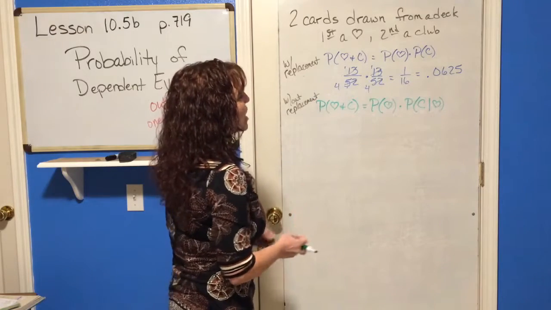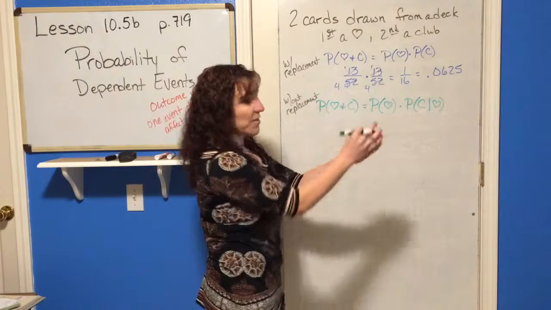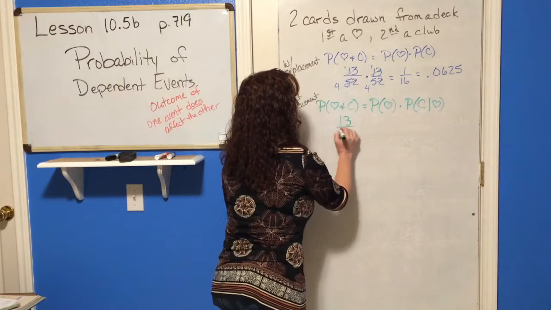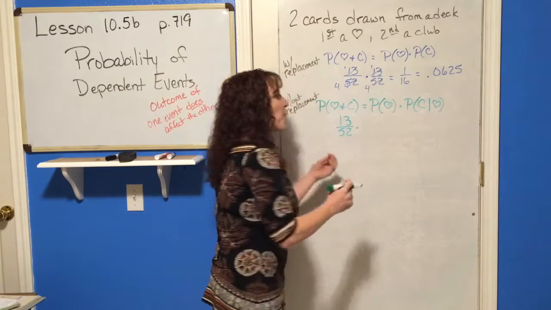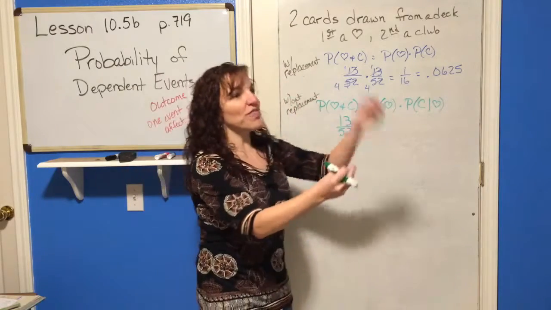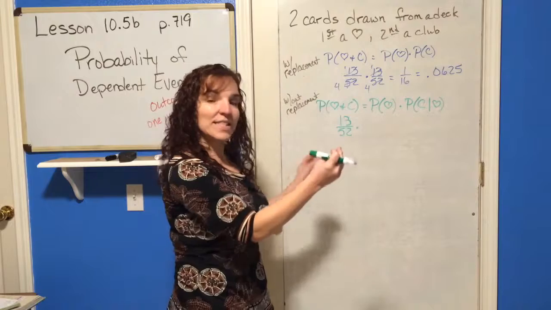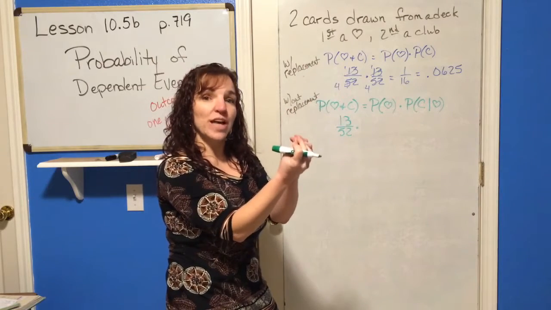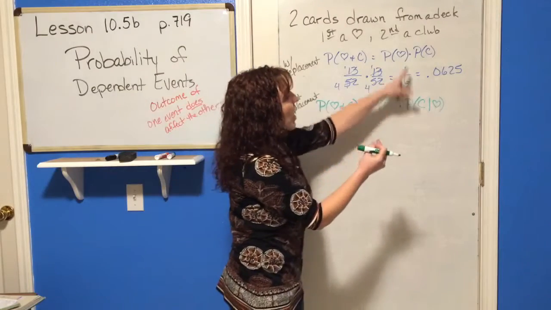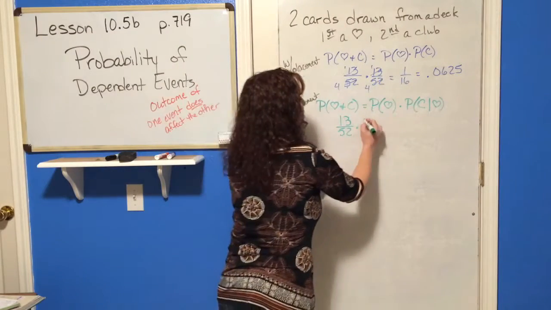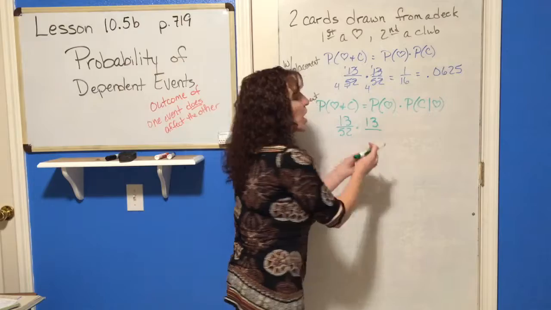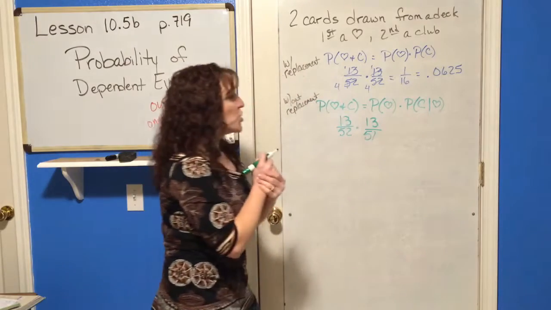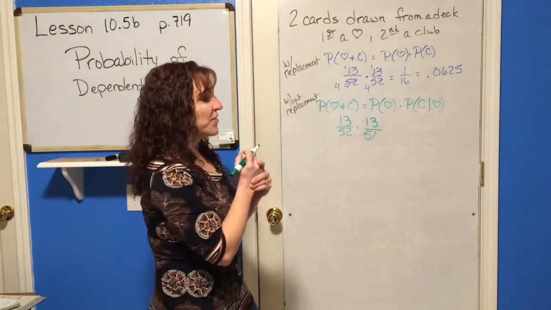In this case, the probability that you will draw a heart out of a 52 card deck is still 13 out of 52. Now, if you don't put that card back in, if you place it aside and now you draw from these cards, you don't have 52 cards in your deck anymore. You still have 13 clubs possible, but you only have 51 cards to draw from. So now the probability is 13 out of 51.